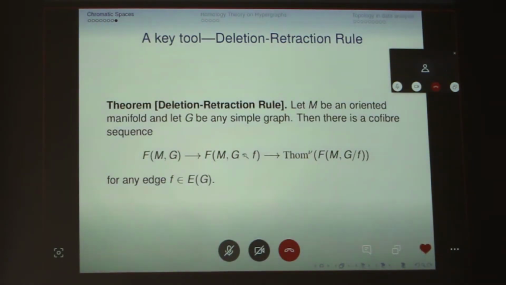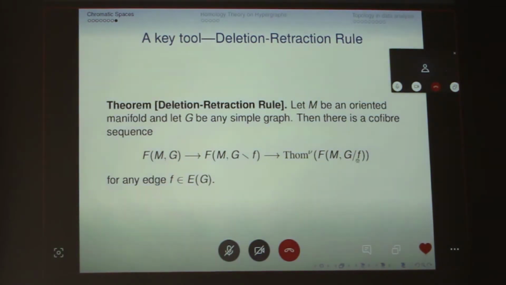Now you look at the cofiber. Essentially you look at the subspace, so you look at the equivalent input and the construction of it, and then you can determine the Thom space of the chromatic space.